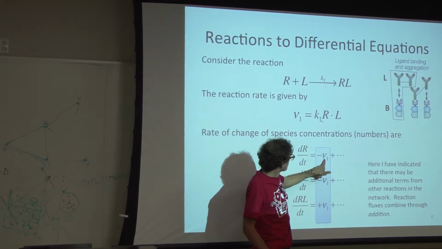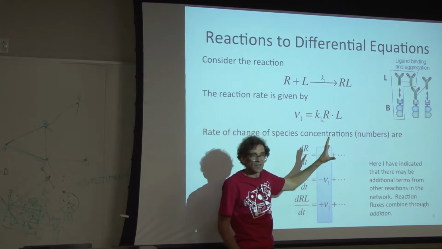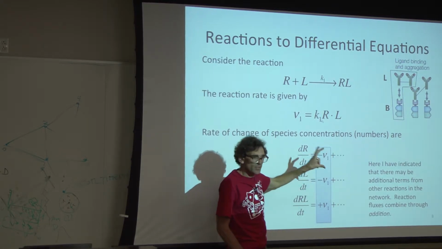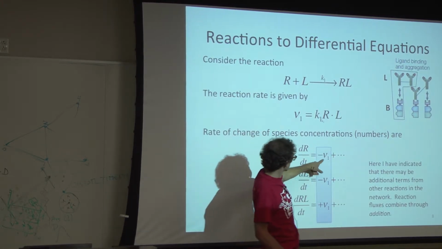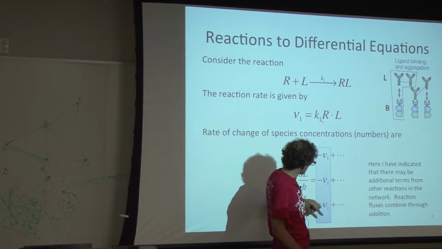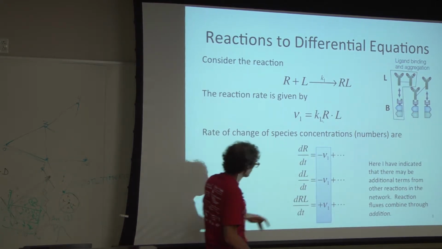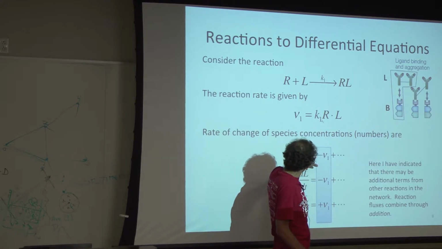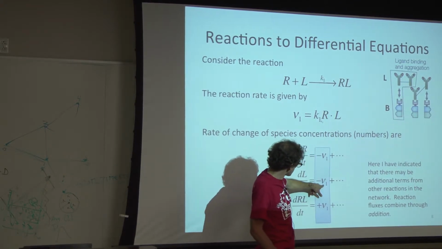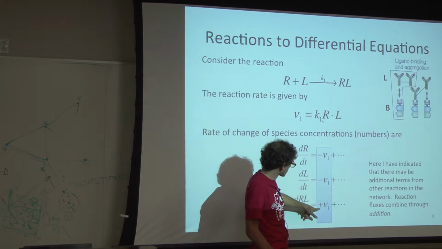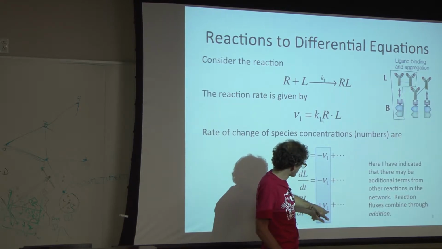So if you remember from the previous slide, I had this matrix S. That stoichiometry matrix comes from the coefficients that go in front of the reaction fluxes here. Okay, and so R is consumed, L is consumed, we have a minus V1 here, and RL is produced by this reaction, so we have a plus 1 V1.